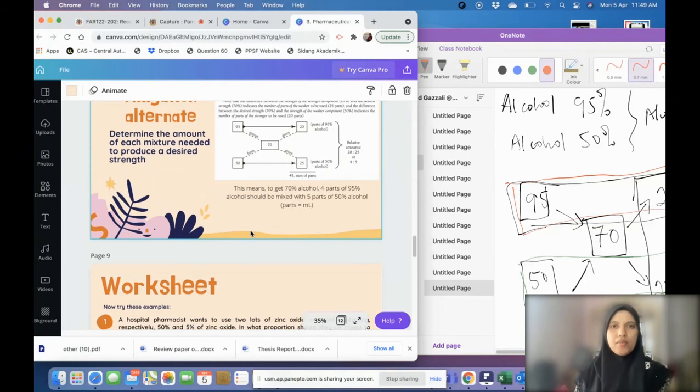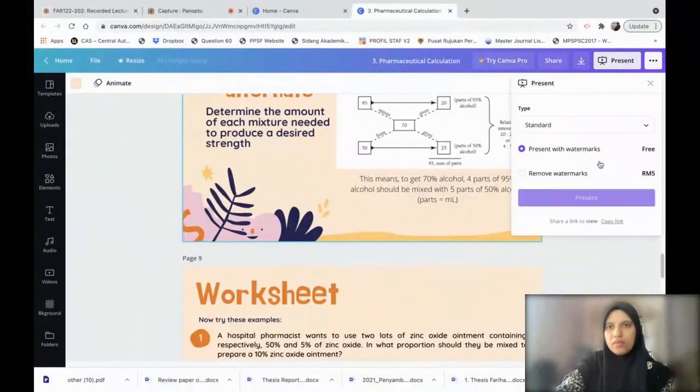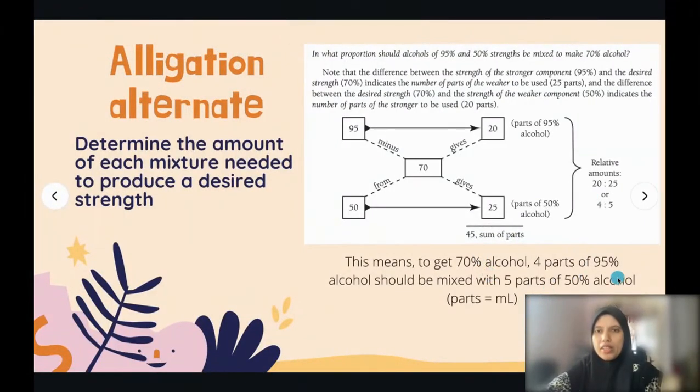Okay, so this means that to get 70% alcohol, 4 parts of 95% alcohol should be mixed with 5 parts of 50% alcohol. So parts, again, will refer to ml.